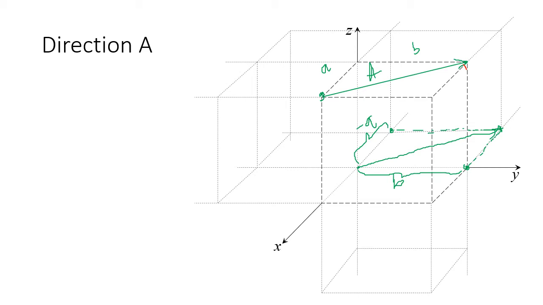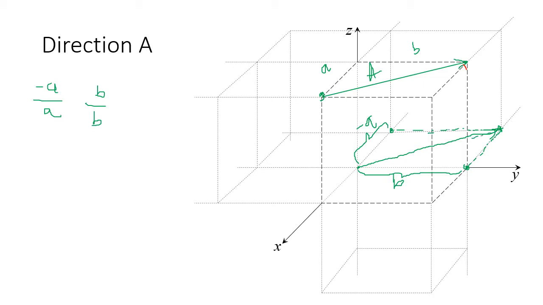Now we want to represent these projection lengths in terms of the lattice parameters. So minus a by a, b by b. Now, as this direction lies on the xy plane, the projection on z-axis will be 0.